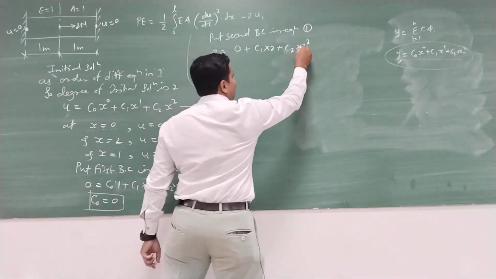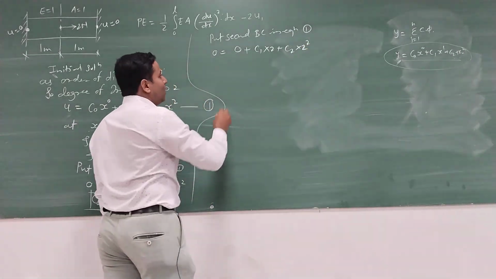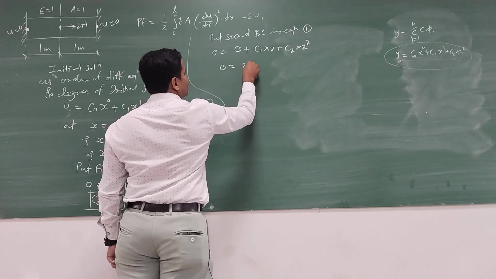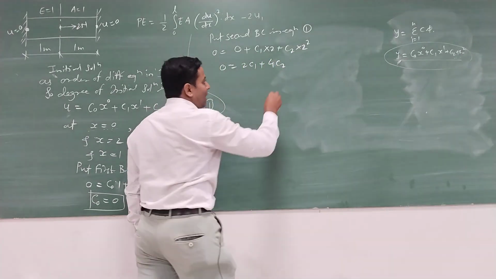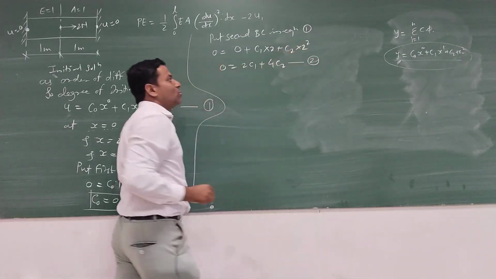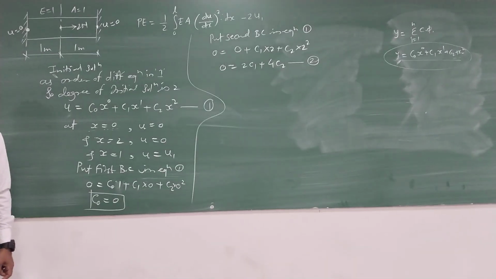Okay, so we'll get one equation and that equation will be 2c1 plus 4c2. I'll mention this equation as 2. म्हणजे रिलेशन मिळालं कोणामधलं? c1 and c2 आफ्टर पुटिंग द सेकंड बाउंड्री कंडिशन.